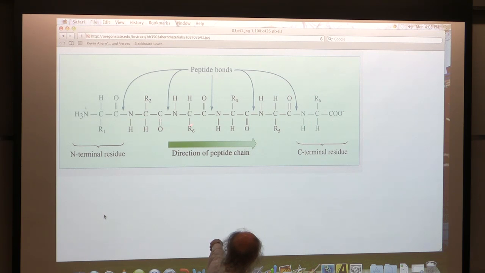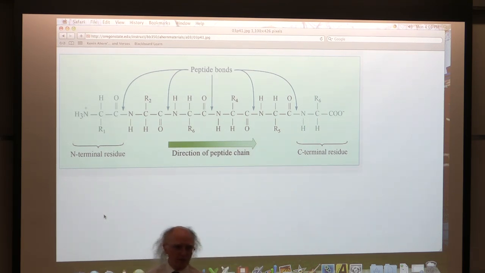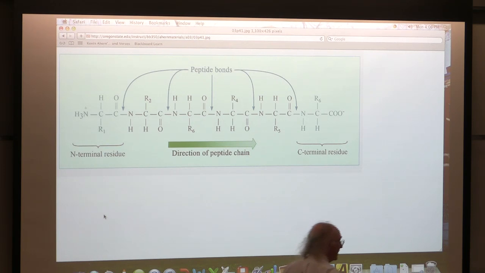And I have to think of any of the R groups that might have charge. Okay? That's the three things I have to think about. I don't have to worry about all these internal former alpha amines and alpha carboxyls because they don't get charged. Well, how will I decide the charge? Just like I decided the charge the other day, I compare the pH to the pKa for each group.